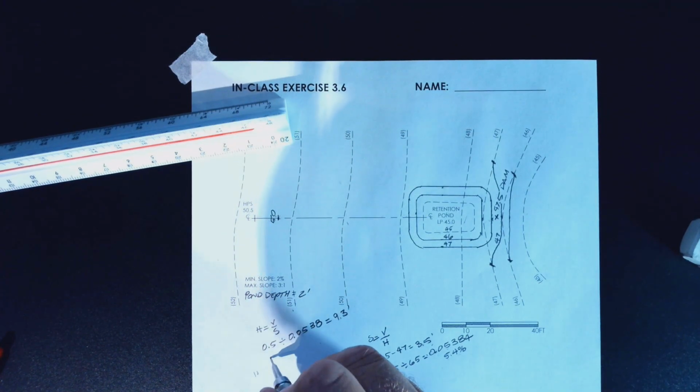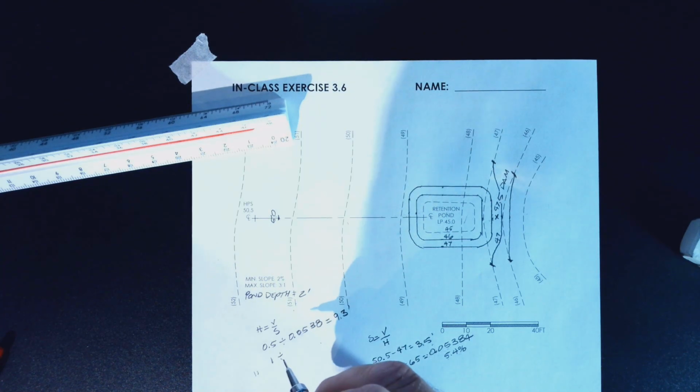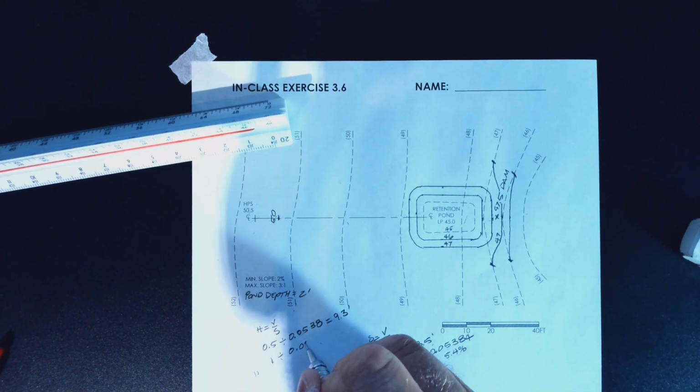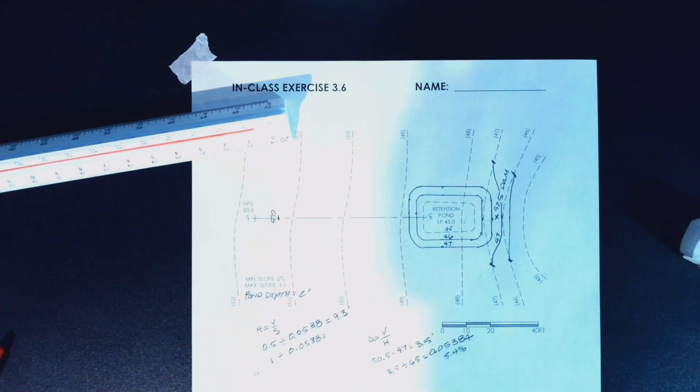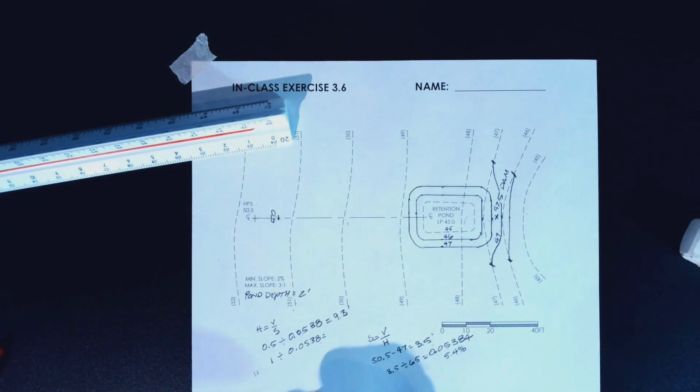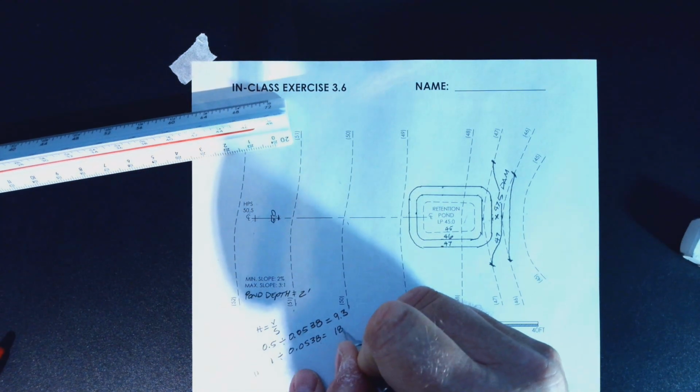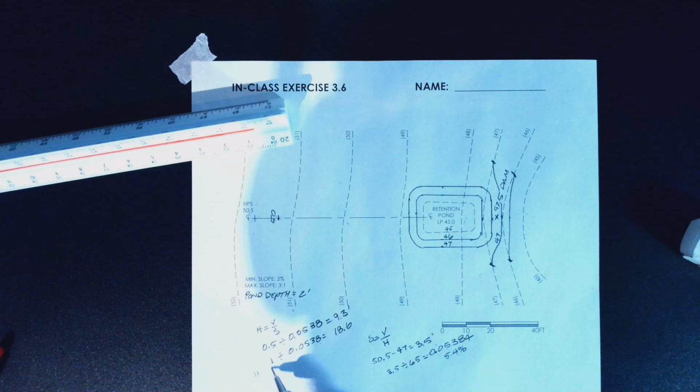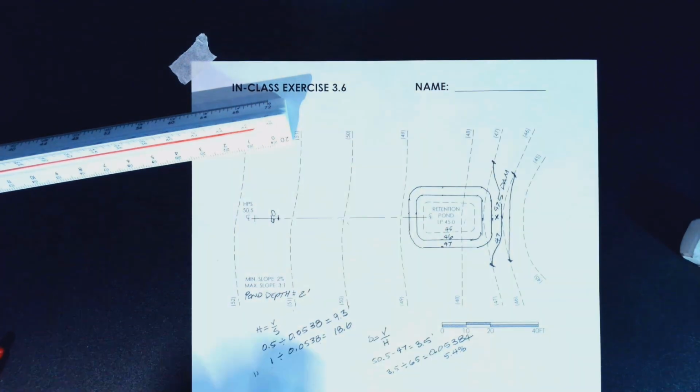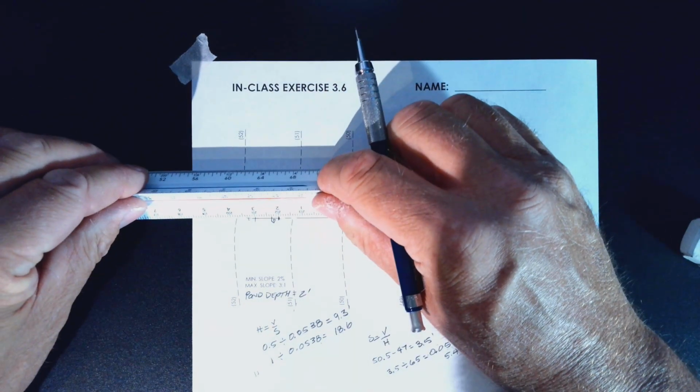Instead of 0.5, we use 1 divided by 0.0538, which should equal 18.6. That makes sense, because if this is half a foot and that's 1 foot, this number should be double this number. So we go 18.6 feet.